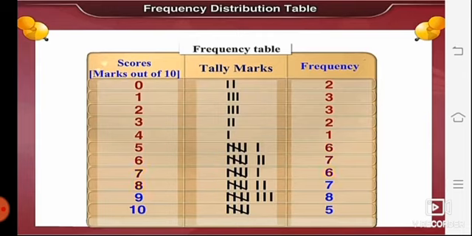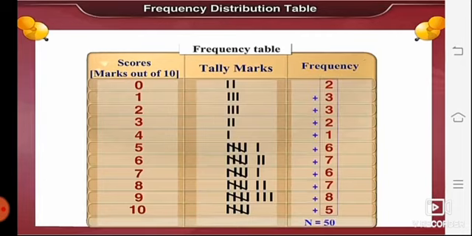Frequency of 8 is 7. Frequency of 9 is 8. And frequency of 10 is 5. N is the sum of all the frequencies, that is the total number of scores of the given data. It is 50. Write N at the end of the table.